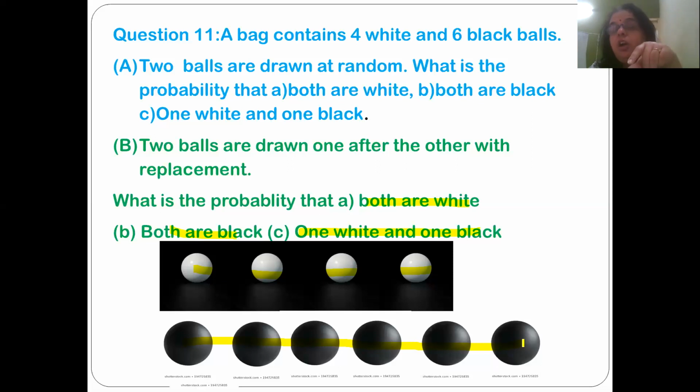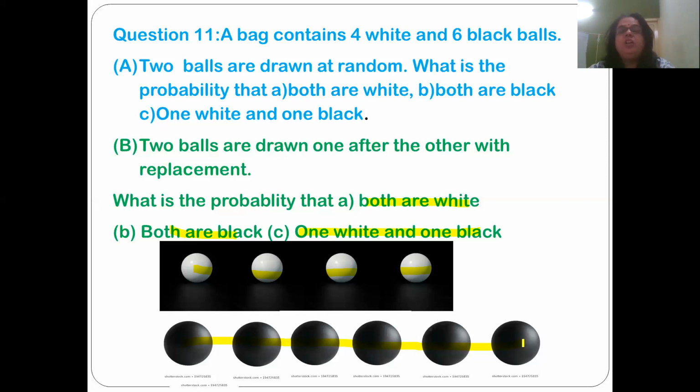2 balls are drawn one after the other. That is, there are 4 white balls and 6 black balls, just like the previous case, but here instead of taking 2, you are taking 1 ball. You note down the color, put the ball inside the bag again, shake it up and take 1 more.